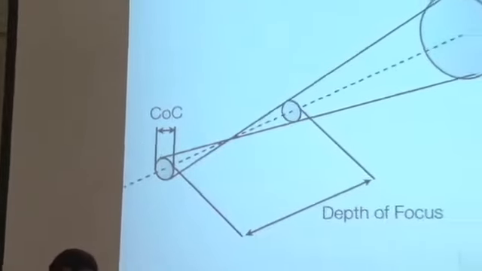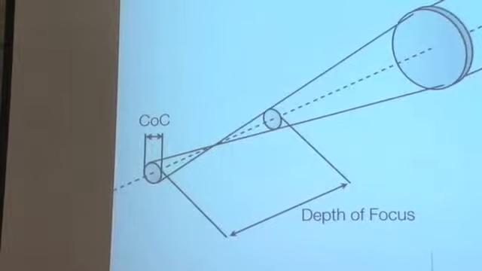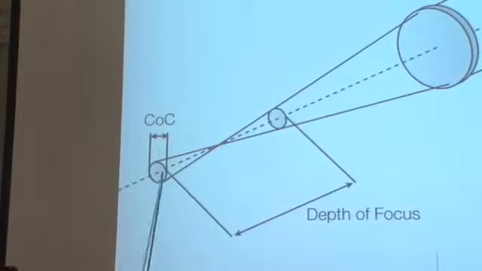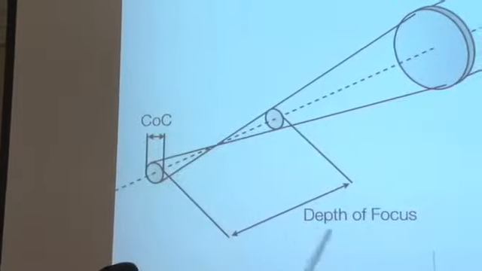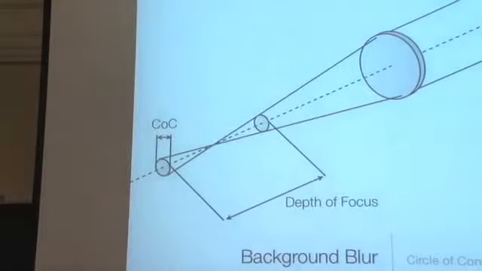It's not going to be exactly sharp, not exactly one dot on the image. It will appear to be slightly blurry. And so we have this range through which something can be acceptably in focus as it becomes focused by the lens and onto the sensor.